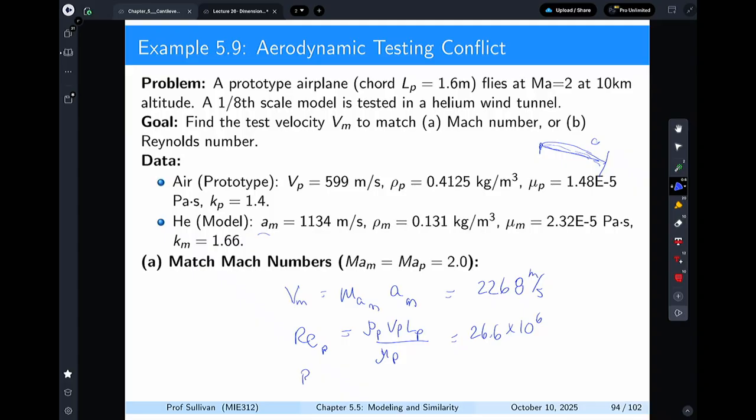Reynolds of the model is going to be rho of the model, velocity of the model, length of the model, over mu of the model, which is equal to 2.56 times 10 to the 6th. So already I can see that I'm not going to match Reynolds numbers. I have a ridiculously high Reynolds number already, but I'm off by a factor of 10.